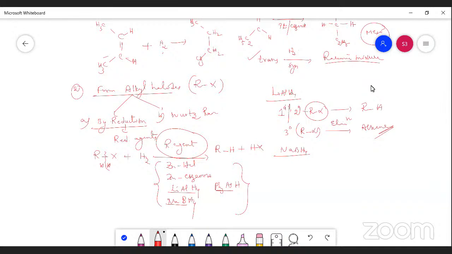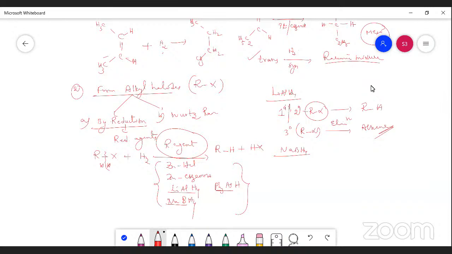Whereas triphenyl arsenic hydride can convert all primary, secondary and tertiary alkyl halides into alkanes. So different reagents give different products, especially during the preparation of alkanes from alkyl halides.